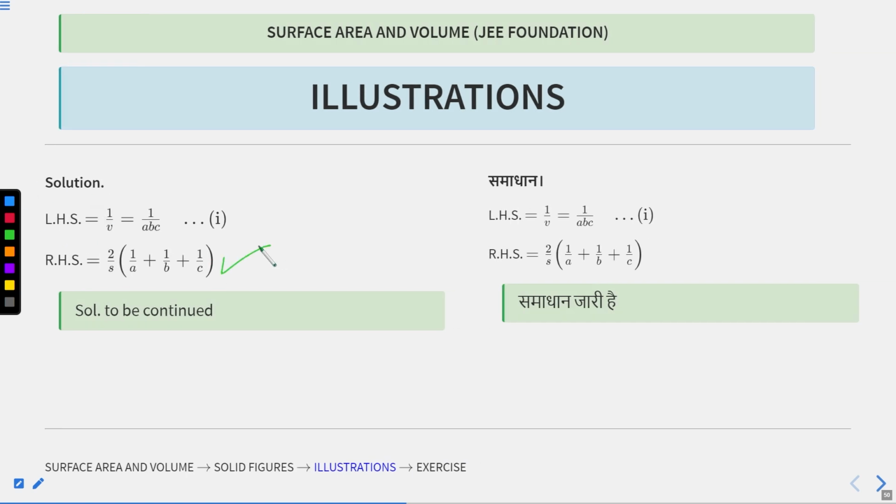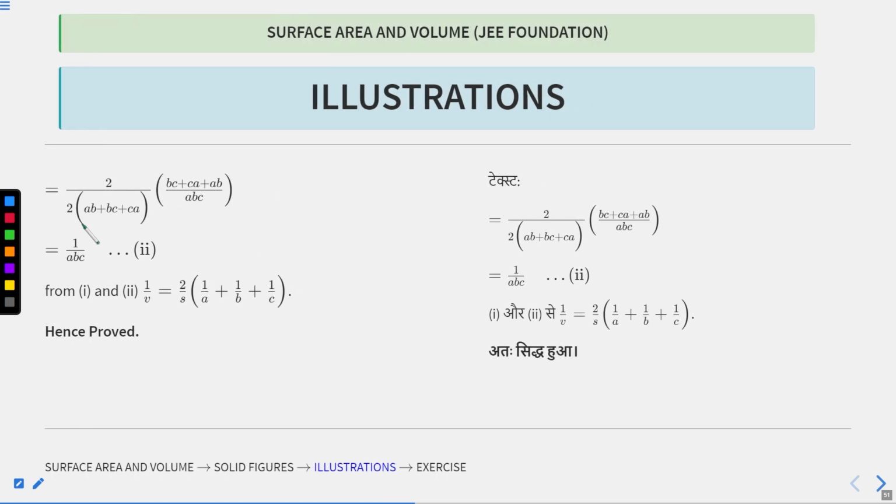By plugging in the value for S, we know S is 2 times (AB plus BC plus CA), and by taking the LCM of 1 upon A plus 1 upon B plus 1 upon C, we get BC plus AC plus AB over ABC.